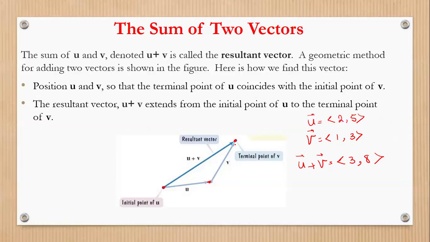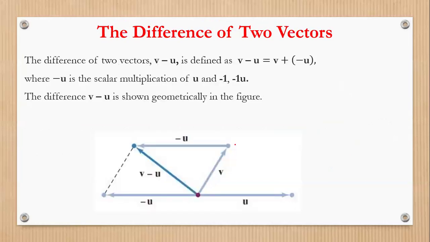We do the same for subtraction, but for subtraction, we need to add the vector to the negative of the other vector. So subtraction is still an addition, between one vector and the negative form of the other vector.